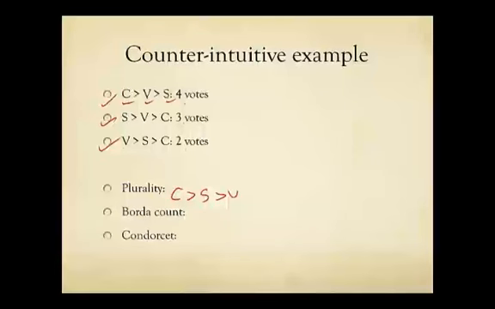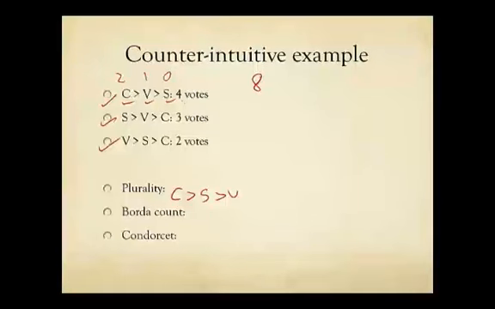Well, what about positional voting? Let's say Borda count. So we have to give some points. There are 3 candidates, and therefore the top candidate gets 2 points, then 1 point, then 0 points. So chocolate gets 4 votes, in which it gets 2 points, so chocolate gets 8 points altogether.